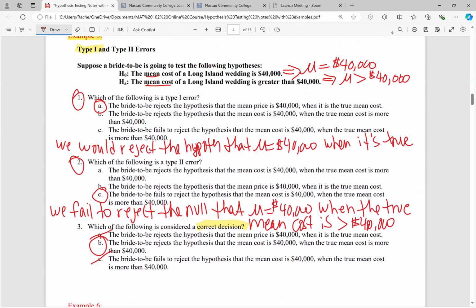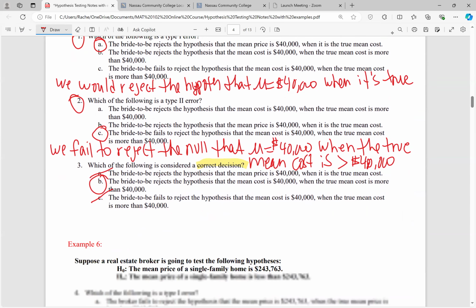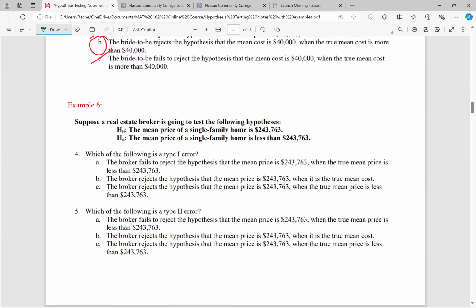Okay, so that was our first example, differentiating between a type 1 and a type 2 error. And let's do one more. So example 6 says, suppose a real estate broker is going to test the following hypotheses. So the null is that the mean price of a single family home is $243,763.